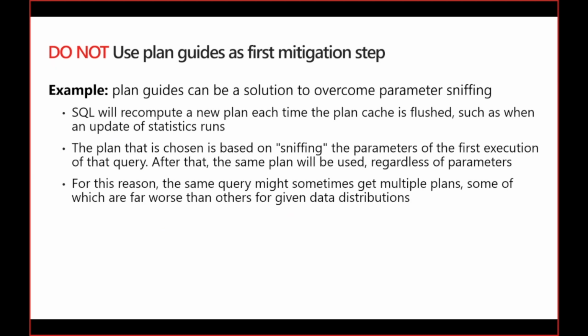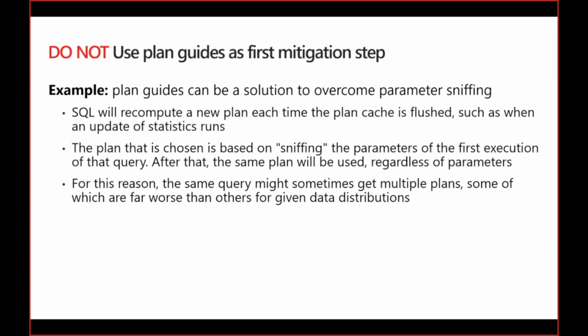So the plan that is chosen is based on sniffing the parameters at the first execution of the query. And that could be an ideal plan, but maybe also not when the parameters change. Typically, the example could be a large and a smaller data entity, where the plan could be totally different based on different parameter settings.